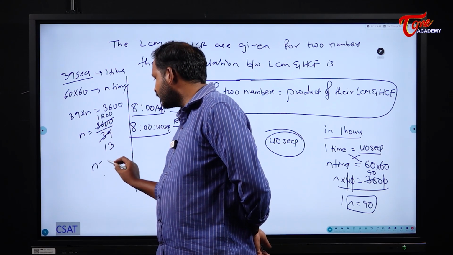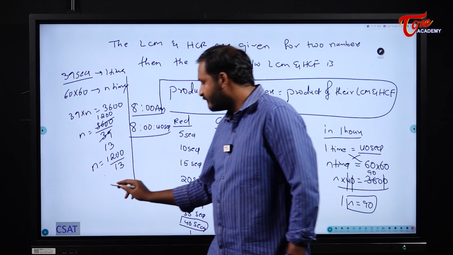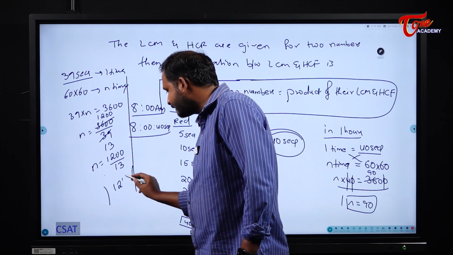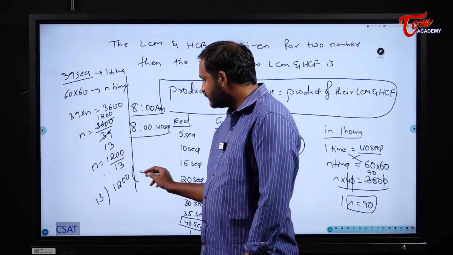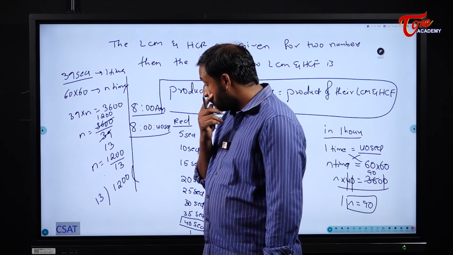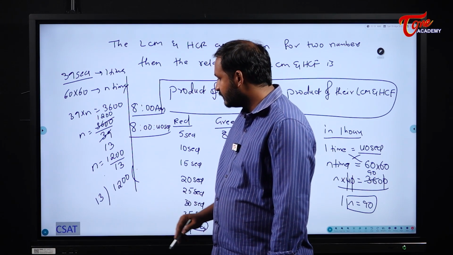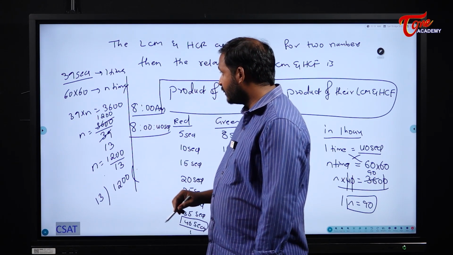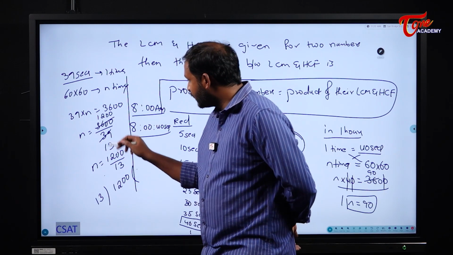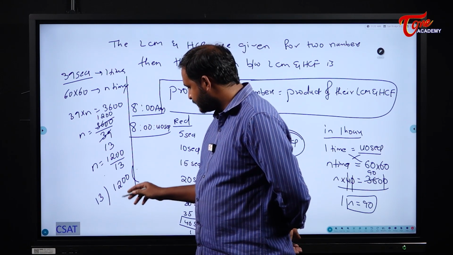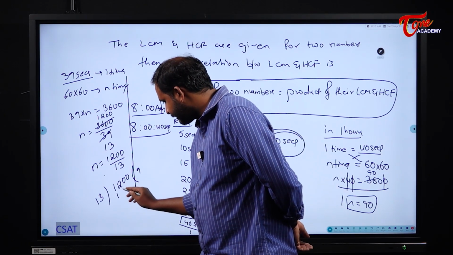So n value, what I got here now? 1200 by 13, which is not an exact multiple, but try to divide it. 1200 when you divide it with 13, what will you get? 13 nines are 117.